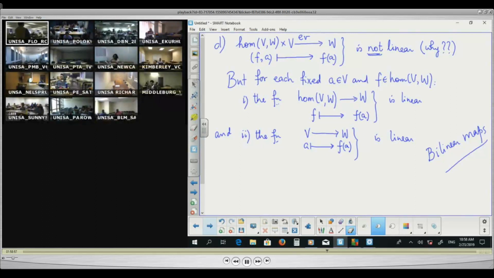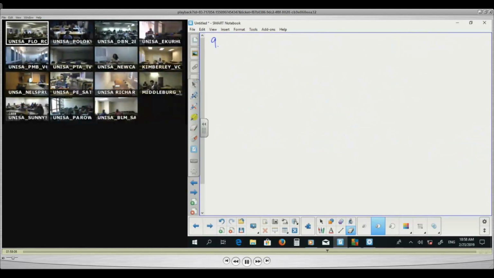Composite of functions is a function, right? Over here, it is a trivial check. If these are linear transformations, then so also is this.